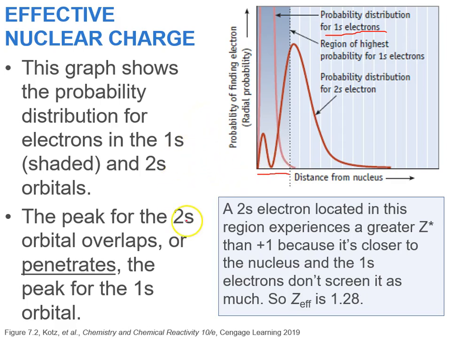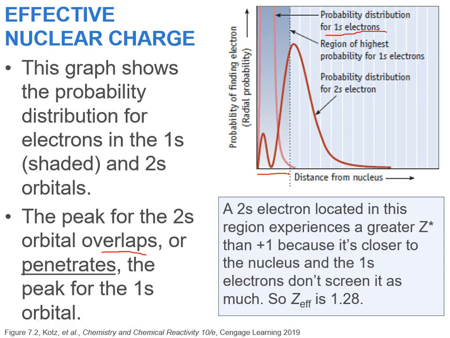So what has happened is, if we look at that overlap, that means the probability distribution for the 2s electron penetrates the peak for the 1s orbital. If the electron just happens to find itself at any given moment in this region over here, it is actually closer to the nucleus, and the 1s electrons don't screen it all that much.